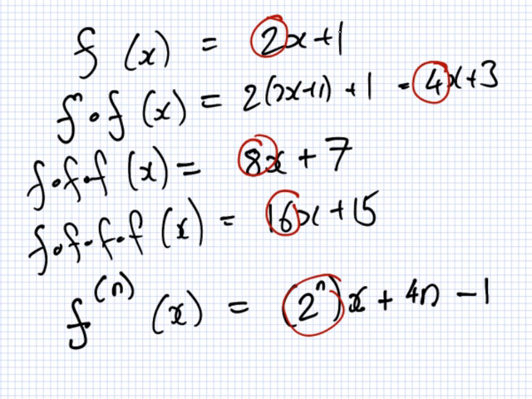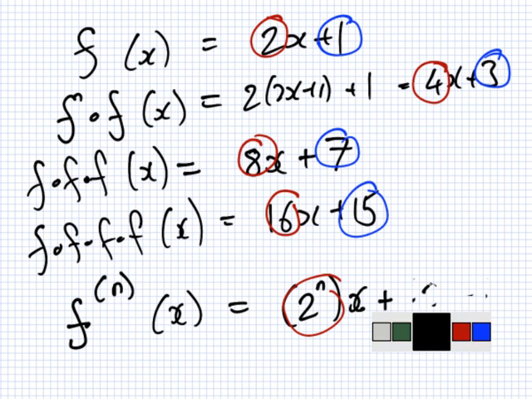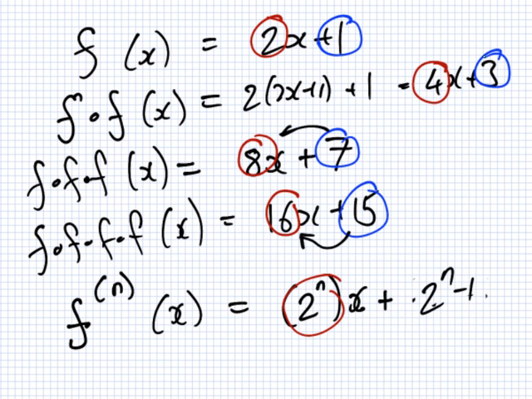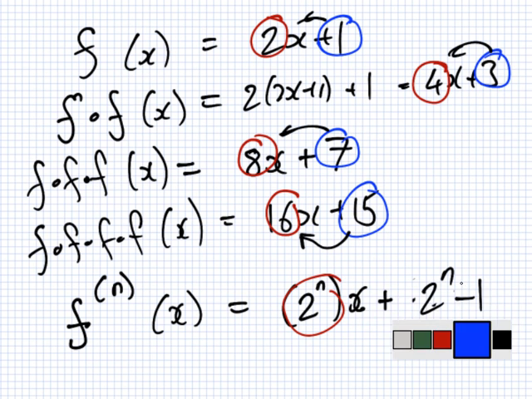And when you look at the constants, 1, 3, 7, 15, this is nearly 2, 4, 8, 16. So it's 2 to the power n minus 1. This is the same thing as this, but its difference is just minus 1. So it's not this, it's this.